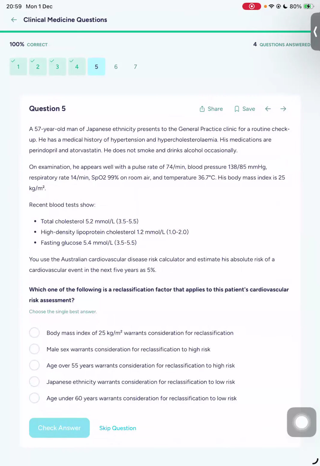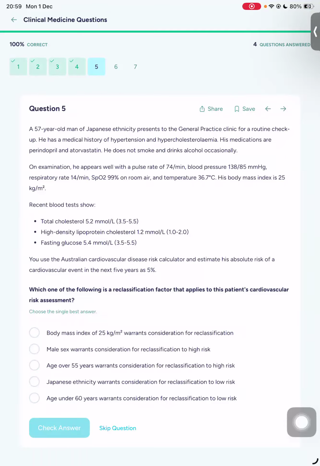On examination, he appears well with pulse rate 74, blood pressure 138 by 85, respiratory rate 14, SpO2 99, temperature 36.7, BMI 25, and total cholesterol 5.2, high density lipoprotein 1.2, fasting glucose 4.4.